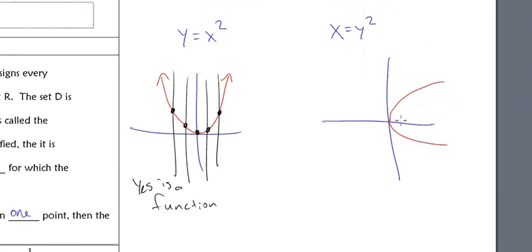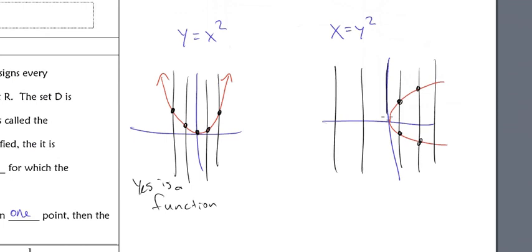And so now if I take a vertical line here, there's many places that it hits at 2 points. There are some places where it doesn't hit anything, and there's one place where it hits at just 1 point. But if there's any place on the graph where it hits more than 1 point, then it's not a function. So no, not a function.